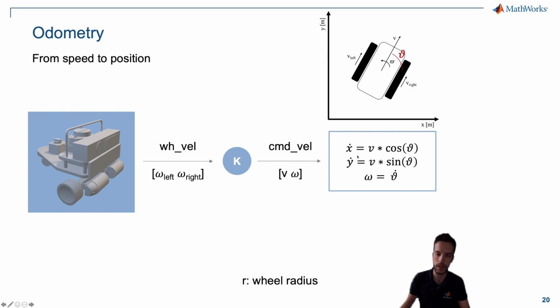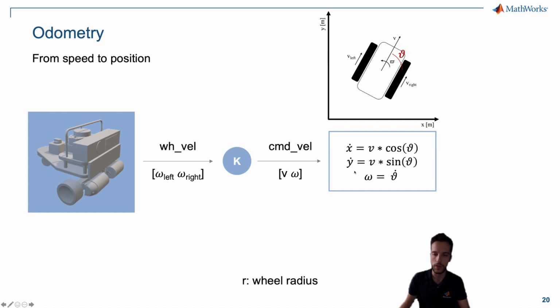We can see that by simply deriving this equation, x dot, the variation of x in the x direction, is simply the v vector multiplied by the cosine of its direction theta. The same but opposite for the y axis. So y dot will be v multiplied by the sine of the direction of the robot. Finally, omega is simply the derivative of this angle.